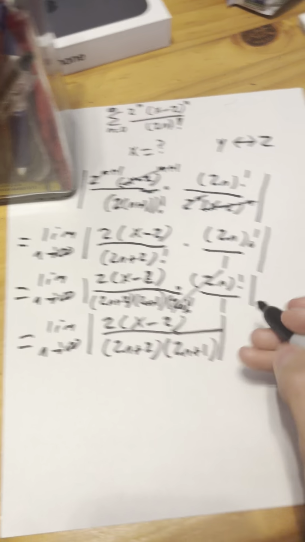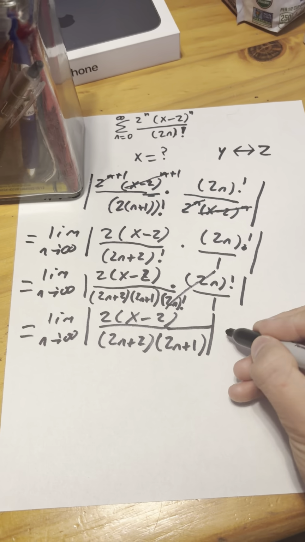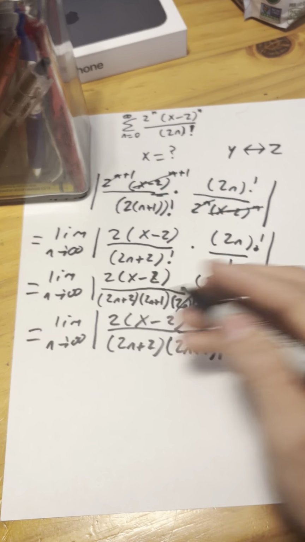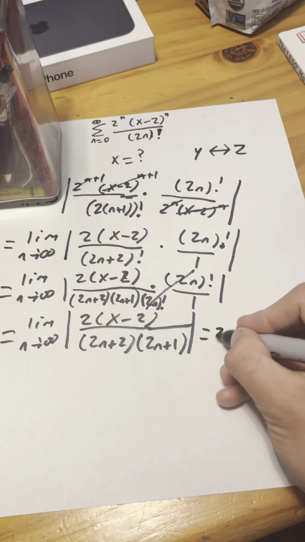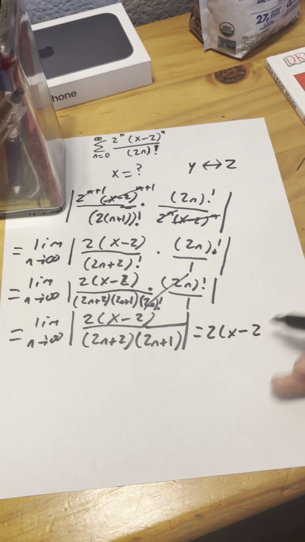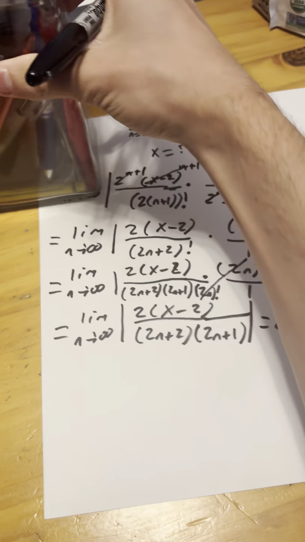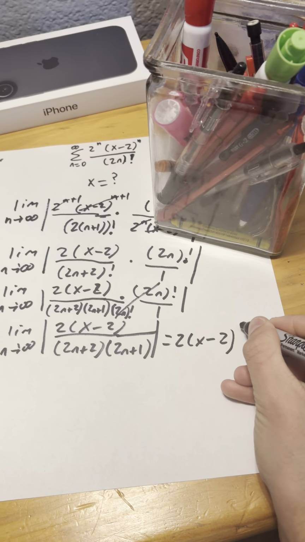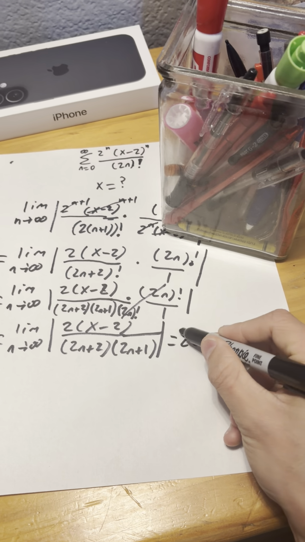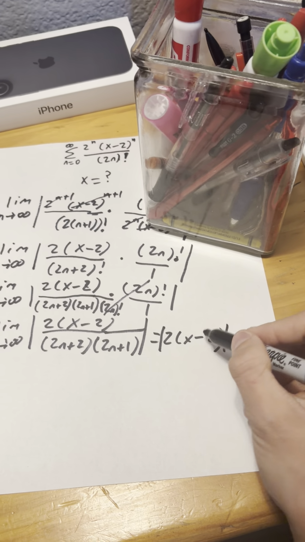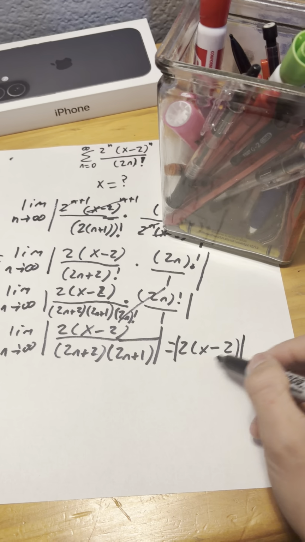So we could just bring the x and the constant, or we could bring the 2 out as well. So it's going to equal this. Make sure that you put the absolute values, because the x, you know, it's going to go crazy.